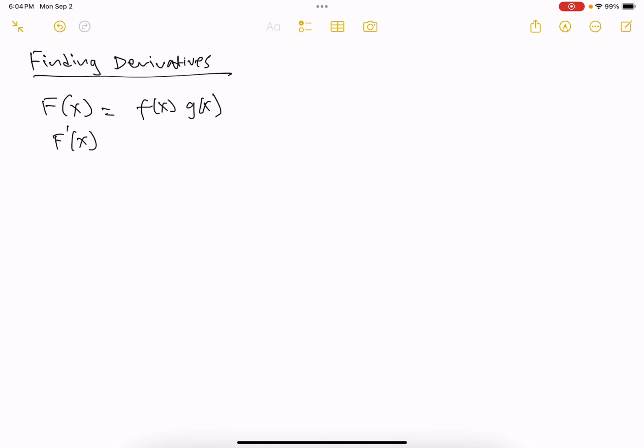So representation here is not what matters. We know that the big F function up here is actually a function of small f of x and small g of x.